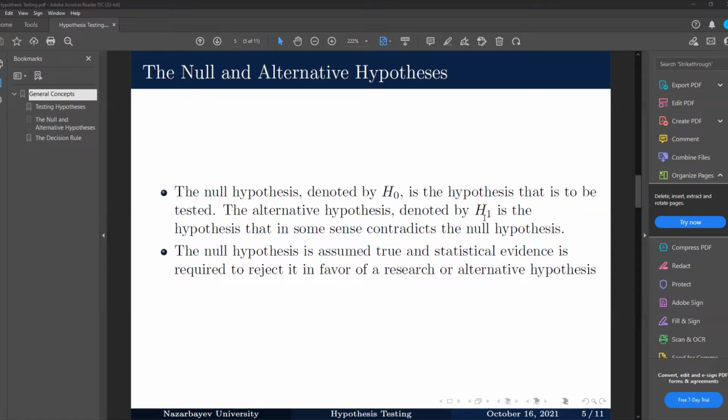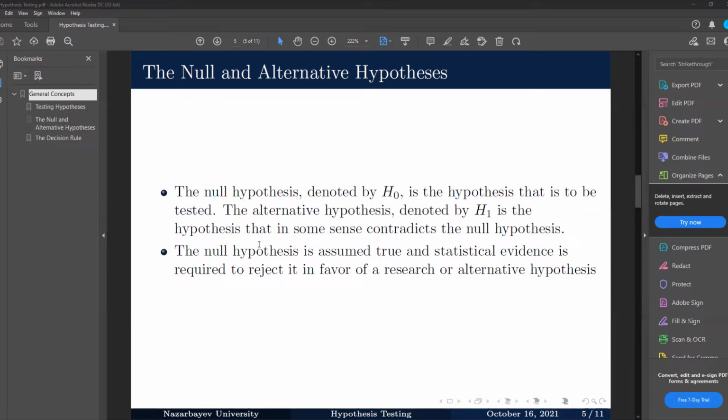The alternative hypothesis, denoted by H1, is a hypothesis that in some sense contradicts the null hypothesis. The null hypothesis is assumed to be true and statistical evidence is required to reject it in favor of a research or alternative hypothesis.